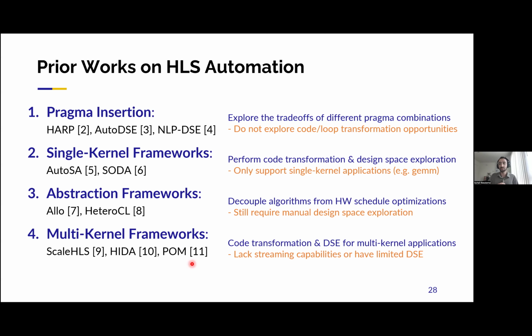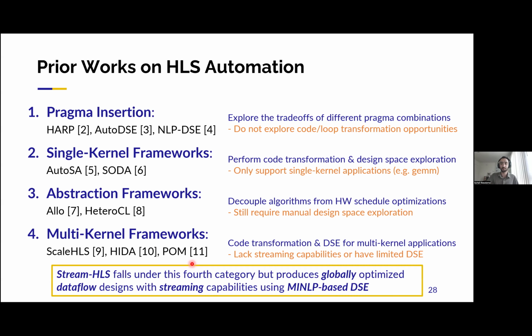But these frameworks do not really implement Dataflow architectures, so they are lacking streaming capabilities or have limited DSP. So our framework Stream-HLS falls under this fourth category, but produces globally optimized Dataflow designs with streaming capabilities and uses mixed integer nonlinear programming design space exploration.